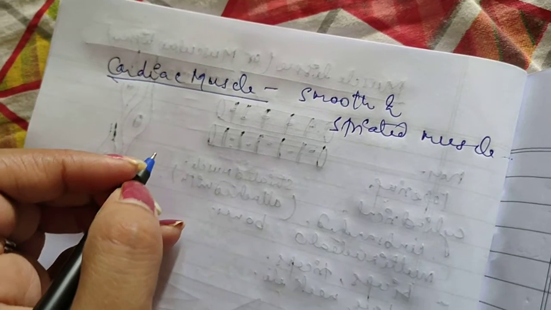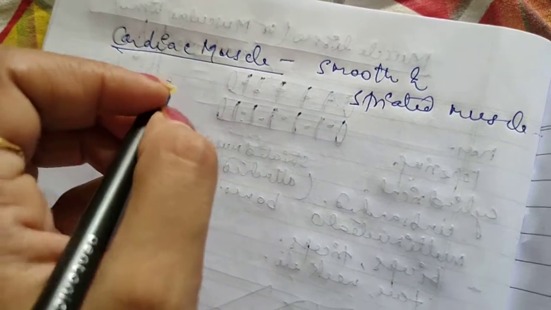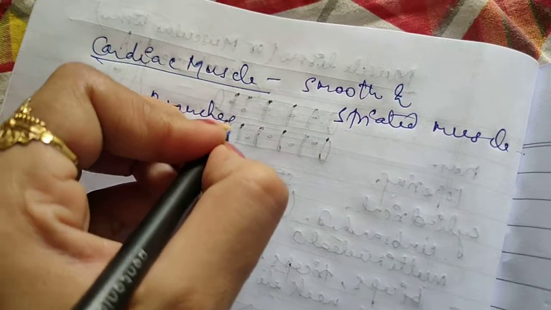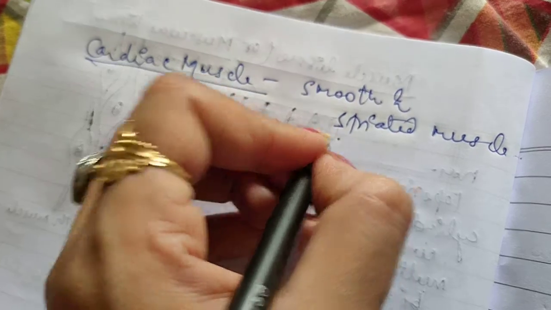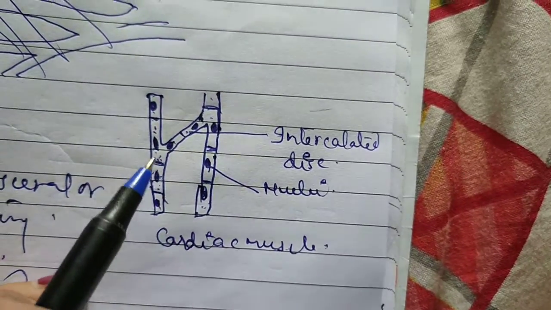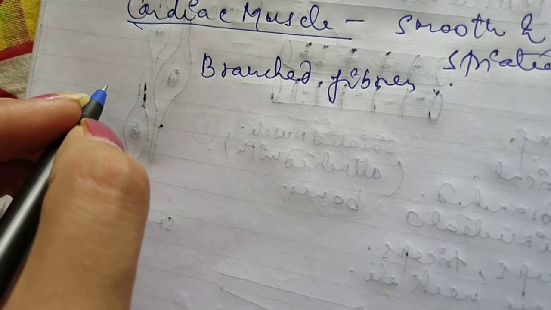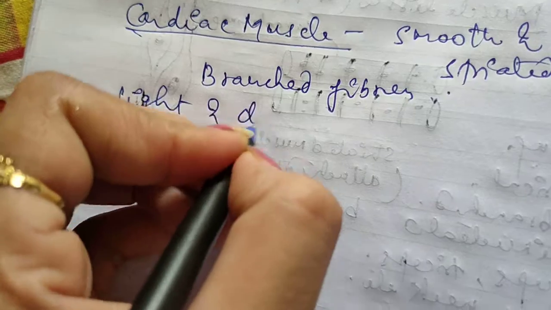They have the property of both smooth and striated muscles, and it has branched fibers and branches joined to form a network. As I showed you here, they show some branching pattern, and cardiac muscles have stripes of light and dark bands.